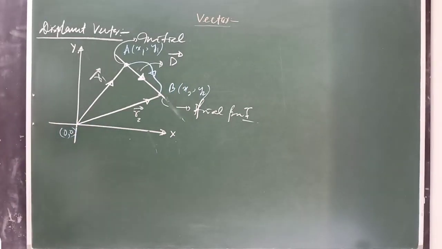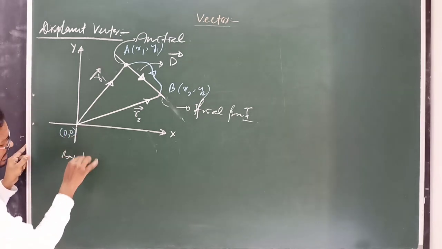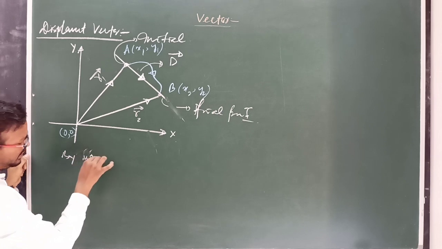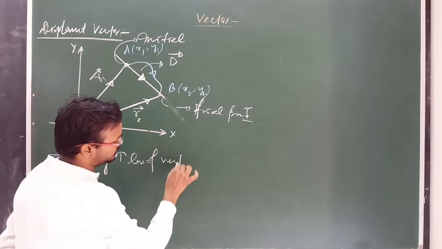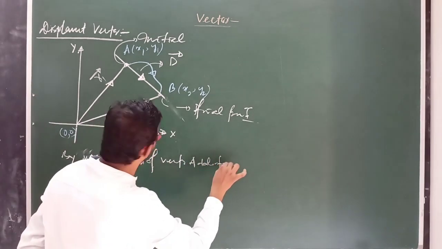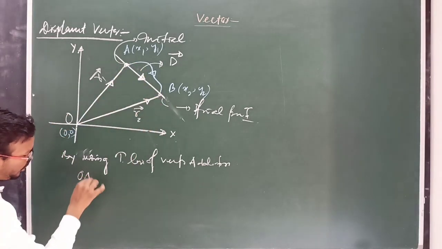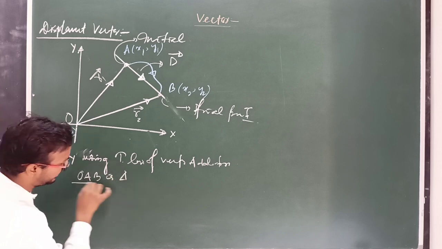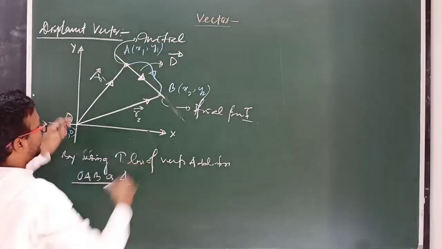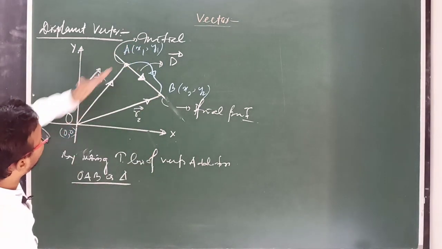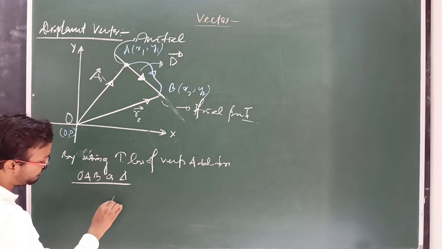Clear? Okay. If this is the D vector, then by using the triangle law of vector addition, suppose this OAB is a triangle. So in this triangle, the r1 vector and D vector are along the same order. Same order means we can add them by using the triangle law.